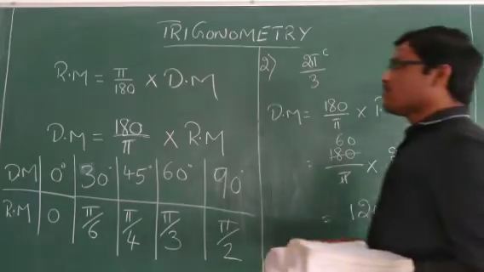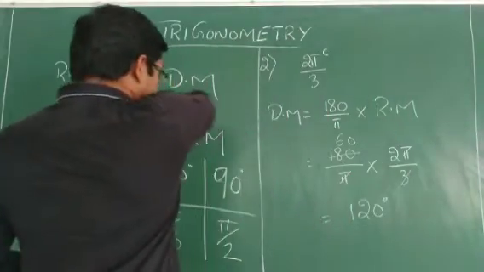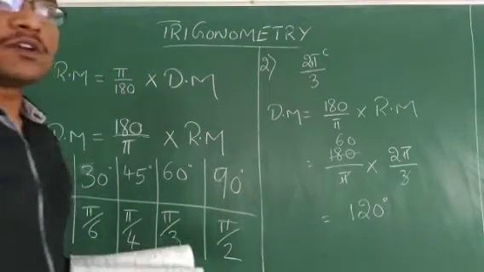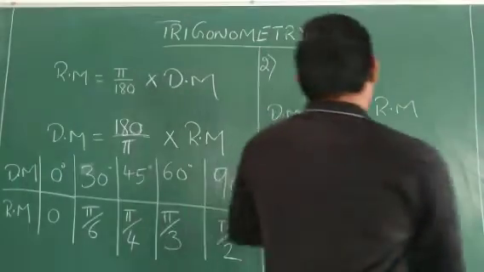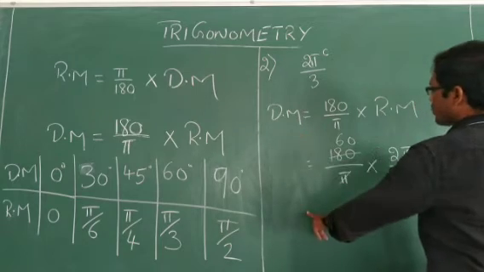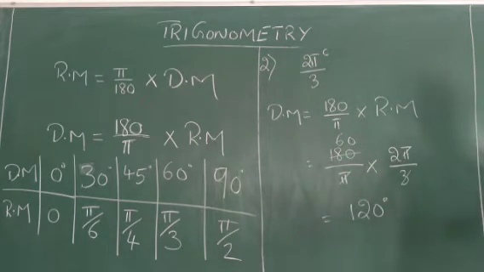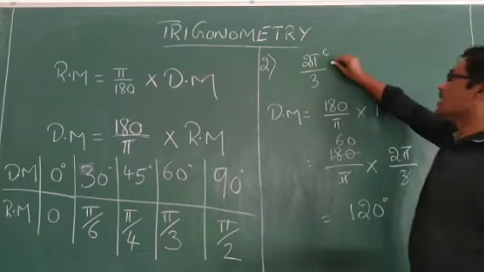In a very simple way, what you can do is take pi equal to 180. This is the actual method, and this is how we have to solve in the test also. But to make it simple, we can calculate in a different way.